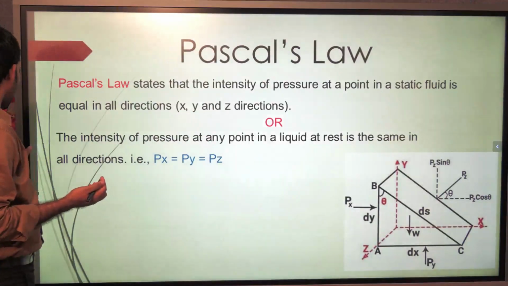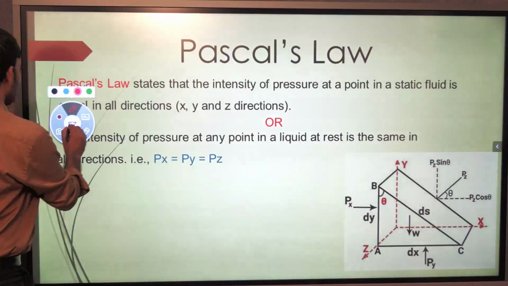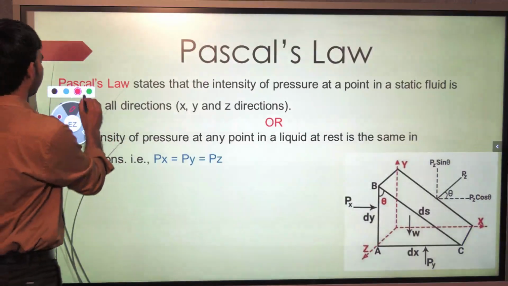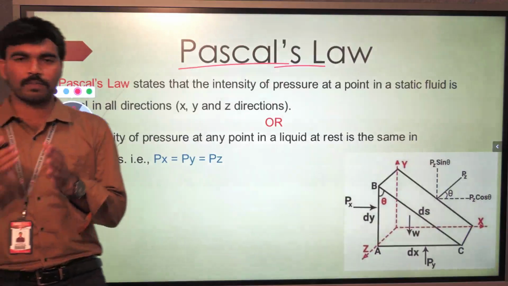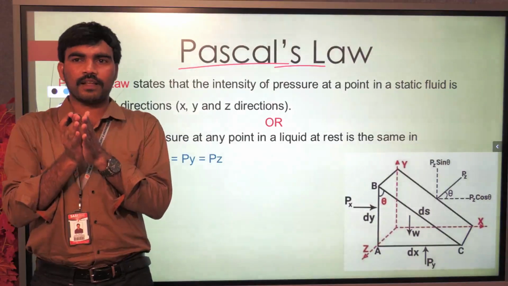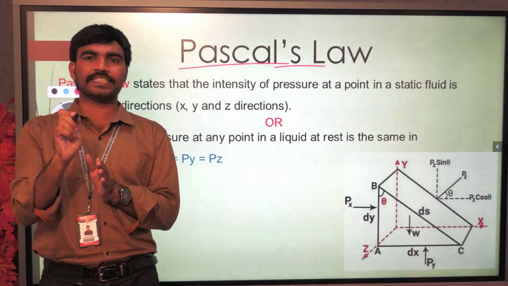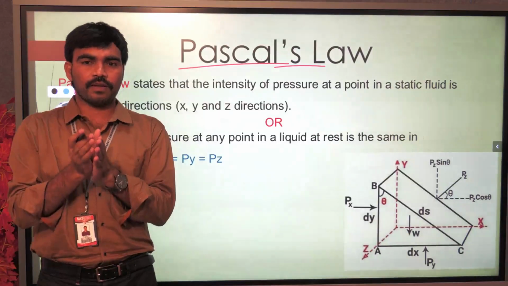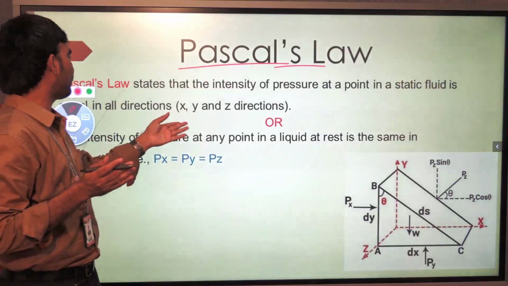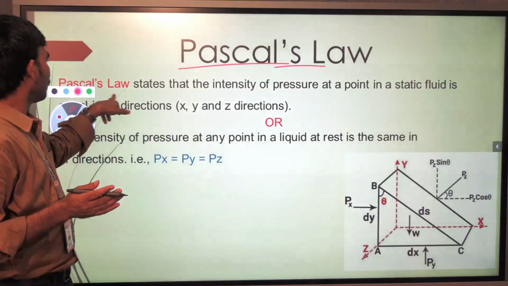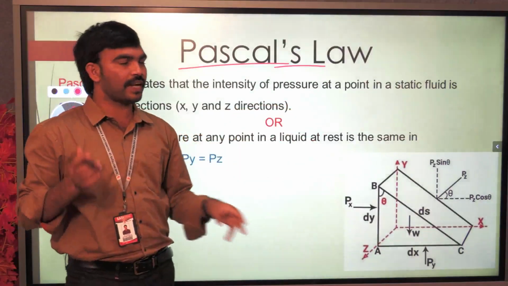Now, a very important concept in fluid mechanics: Pascal law. Pascal law states that the pressure intensity, when the liquid is in equilibrium condition, is equally transmitted in all directions.